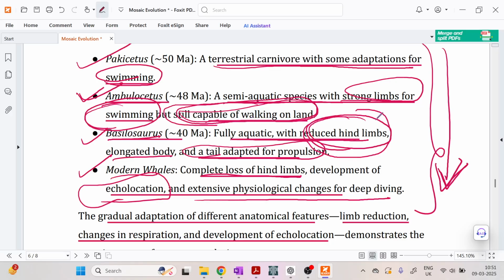So that's how this reduction can give way to any structure, any tail that will be helpful in a marine or aquatic lifestyle. So this evolution of the tail was for propulsion. Propulsion is needed in water.